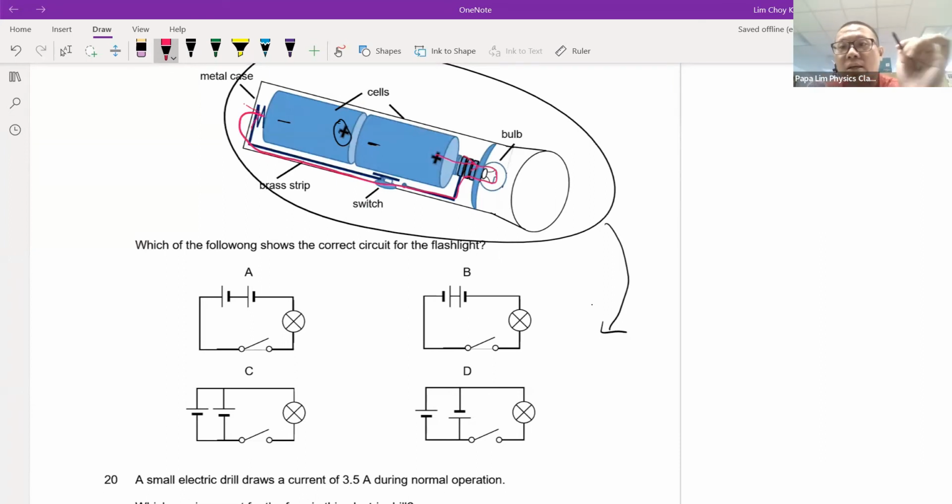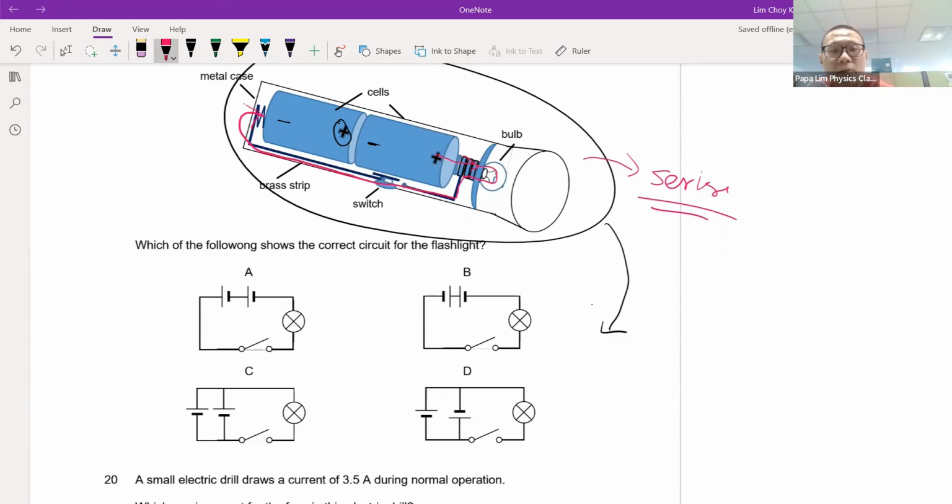So you'll find that the current flows in a single direction and there's no junction along the way, so the current remains the same. This particular pattern implies that all the components are in series arrangement, because the current remains the same and there's no splitting up.